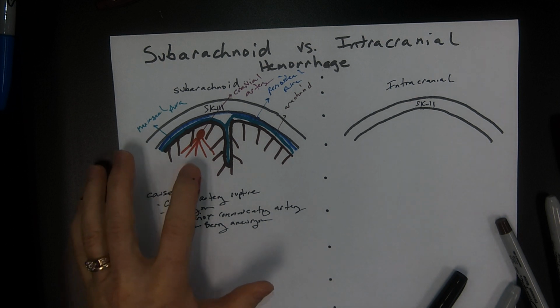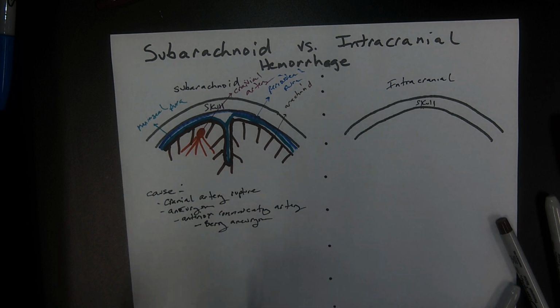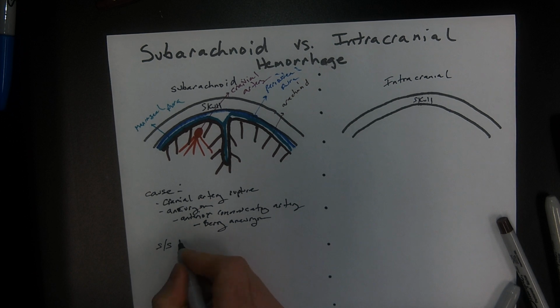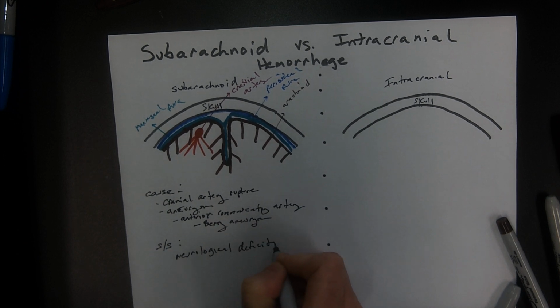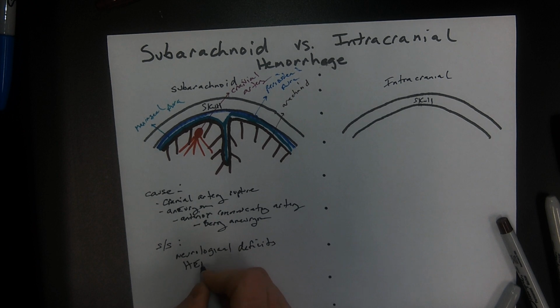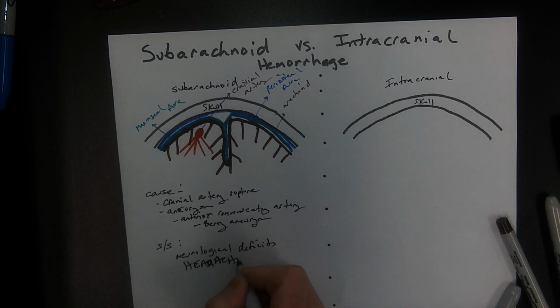Okay, so when you have the brain bleed in there, you're going to have patients, depending on where the bleed is. Okay, the signs and symptoms are going to be neurological deficits, and then the big one, a headache. H-E-A-D-A-C-H-E.